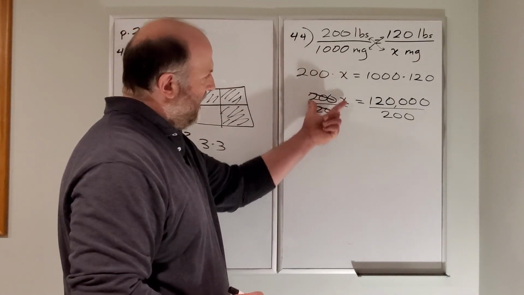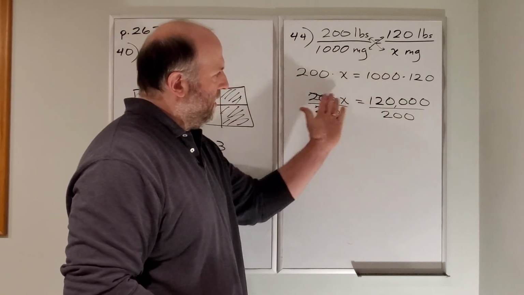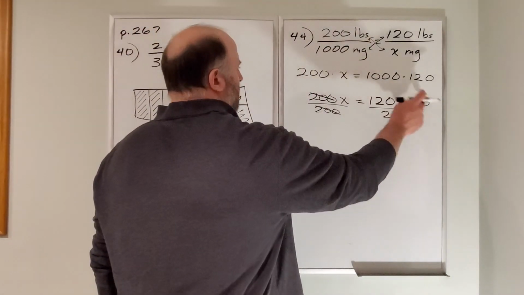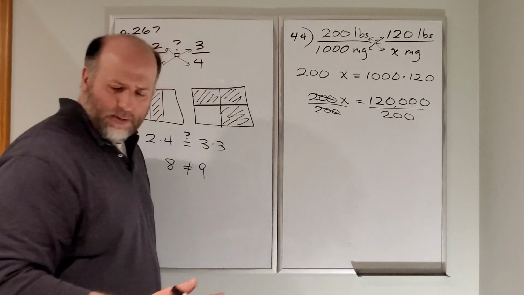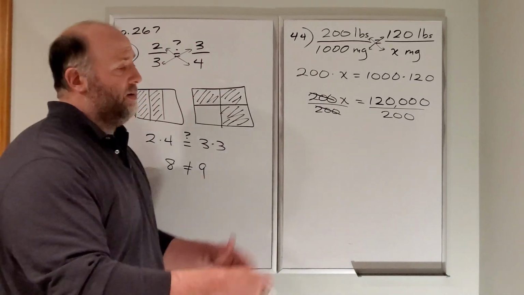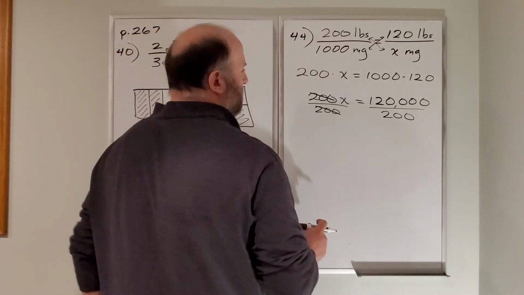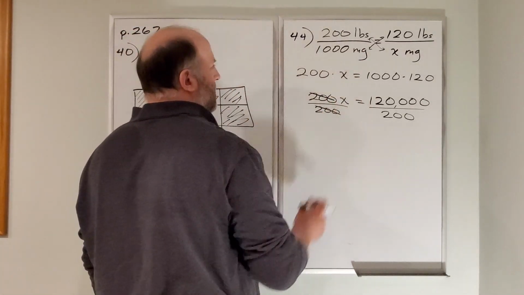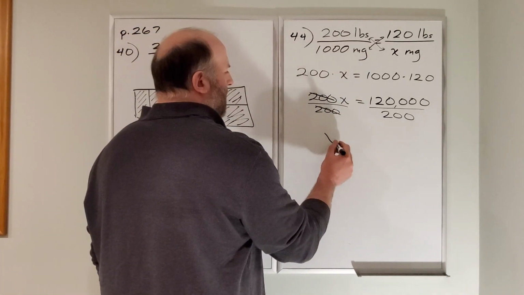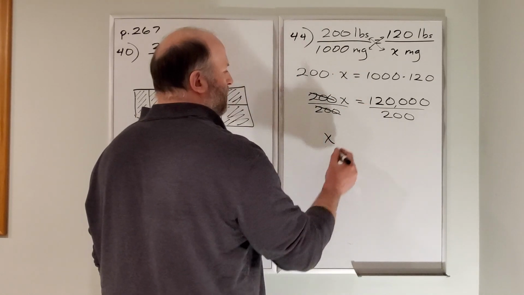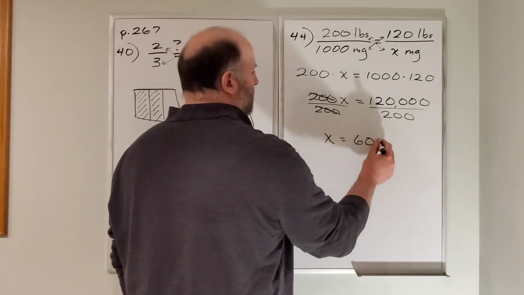You notice I've divided by 200 once on each side of the equal sign. And this is where you can just use your calculator. Again, this is Unit 4 stuff. Technically, you can use your calculator the whole way. You still have to show some work and steps in between. Don't get me wrong. Show me that you actually know what you're doing here. But if you take 120,000 and divide it by 200, you'll get 600 for the answer.